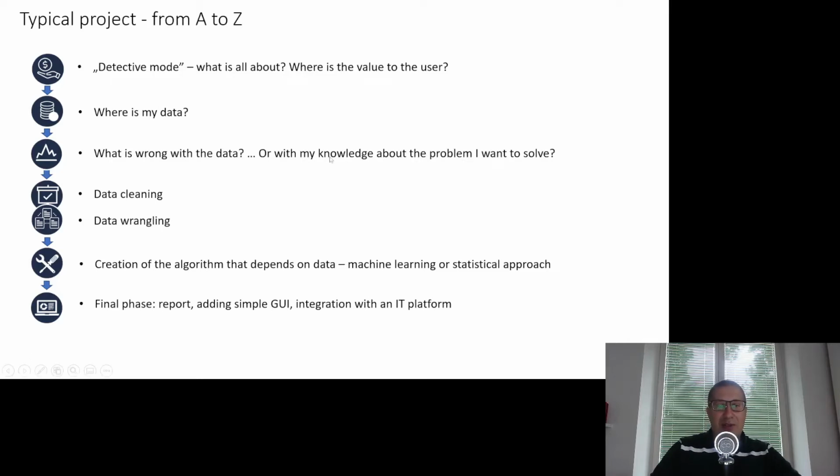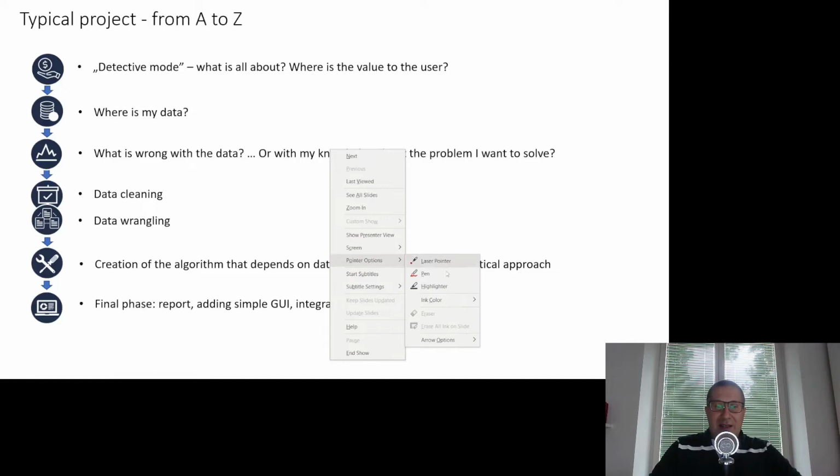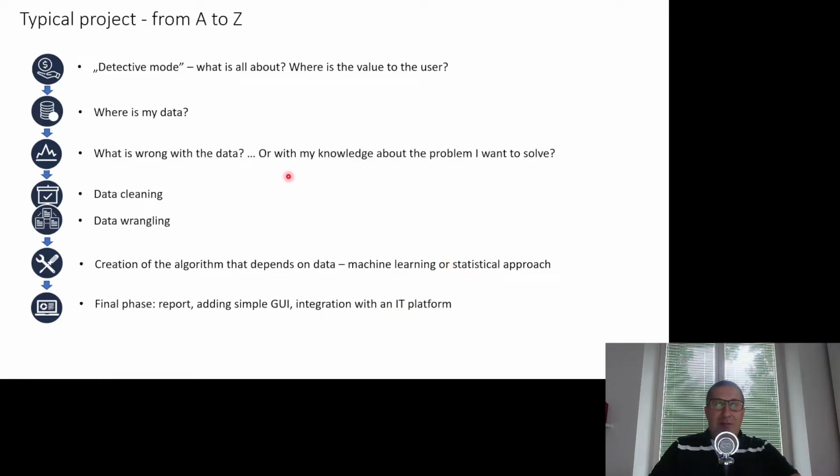It is very important to understand that errors or bugs made in the previous steps will affect the end results. So the sooner we identify a problem with the data, or the sooner we really understand the goal of the project, all the constraints, decision variables, where is the value to the user, the better.